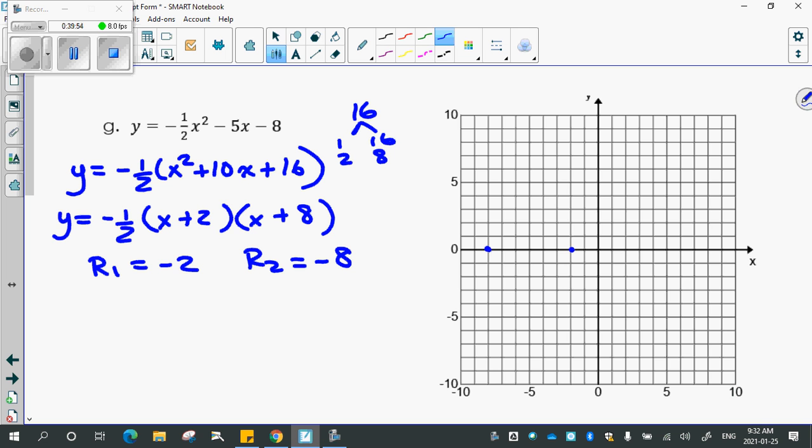H is going to be halfway, interesting one, at -5.